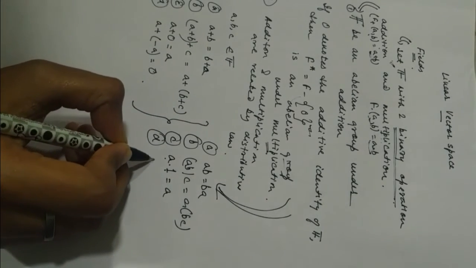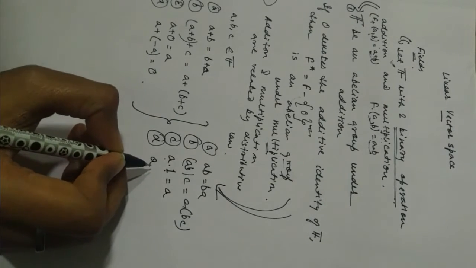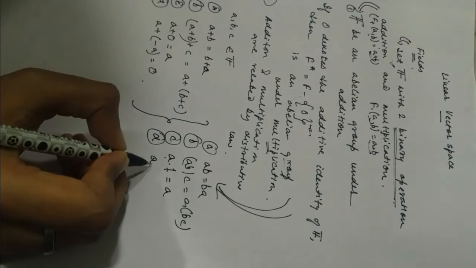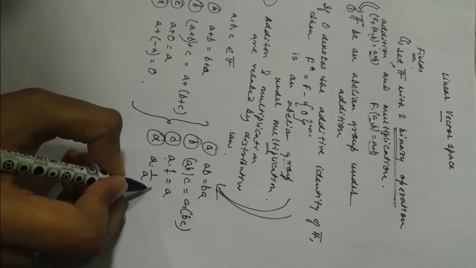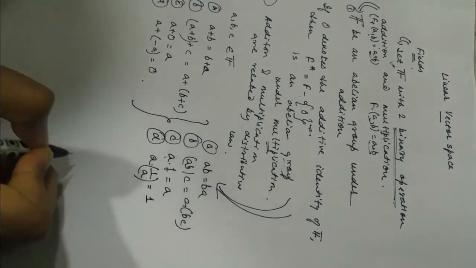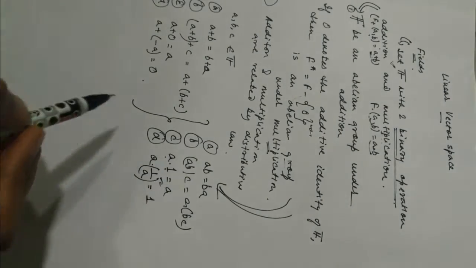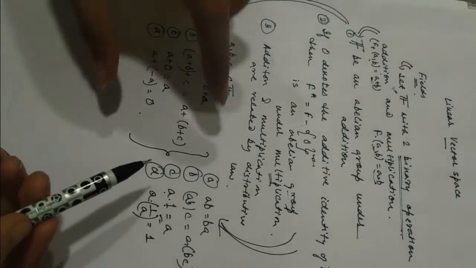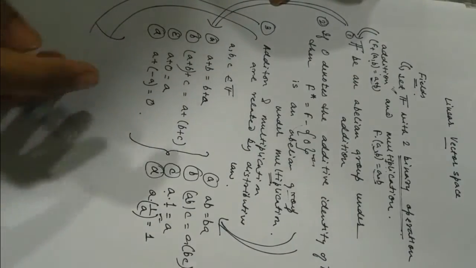And a multiplicative inverse needs to exist such that on performing multiplication we get the multiplicative identity back. Also, addition and multiplication are related by the distributive law.